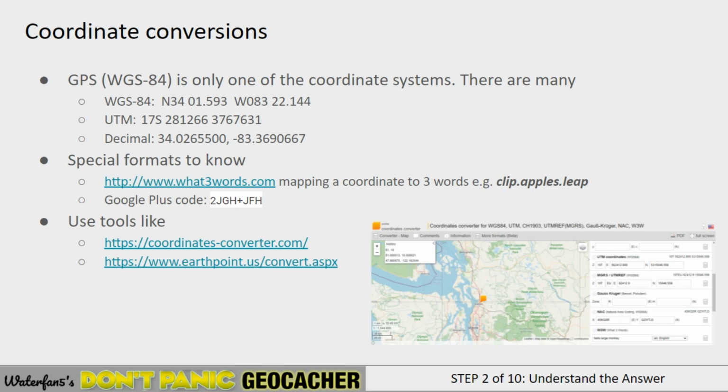There are hundreds of them out there, and so it's important to familiarize yourself with some of the more popular ones. Might be regional ones, there might be outdated ones that used to be used in the past. And the cache page may refer to those as an indication that you may have to do one of those conversions with the information that's given to you.